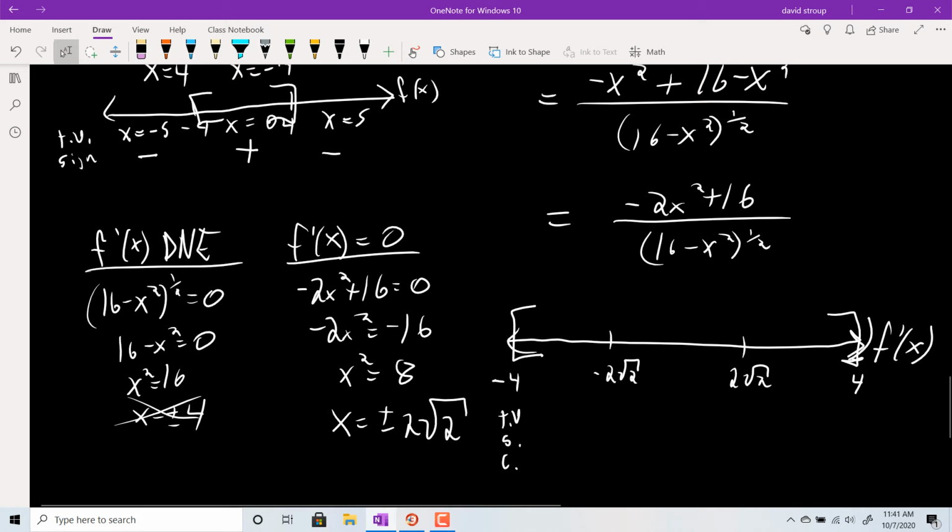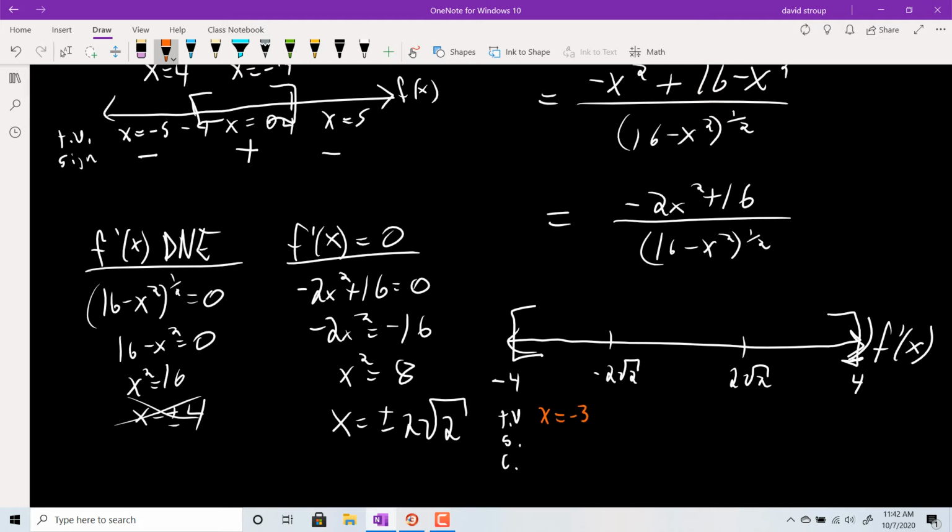So I have to find something in this interval. So what is 2 root 2? That's a good question. On my calculator, I can tell you that 2 times the square root of 2 is 2.82 something. So if I try -3, that'll work.